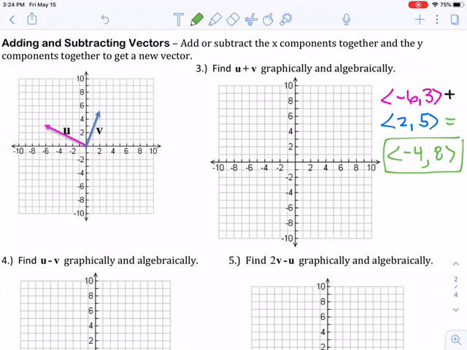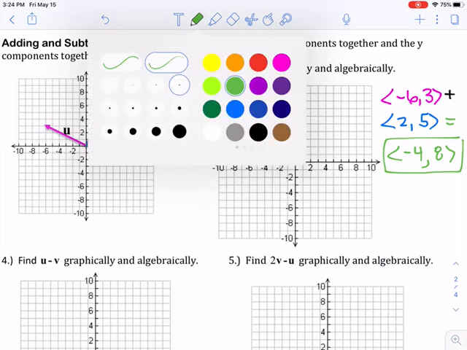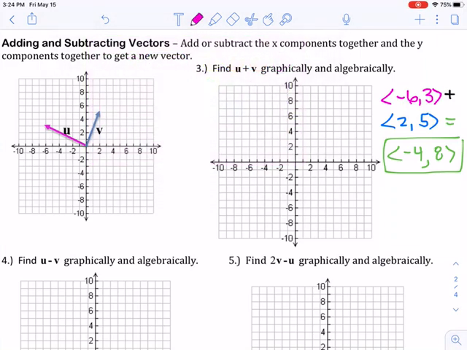Now let's find it graphically. We can start our vector u anywhere. All it has to do is travel back 6 and up 3. So I'm going to start it down here at negative 6, 0. My vector u goes back 6, up 3, so I can graph my vector u.